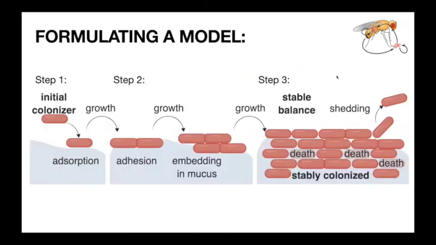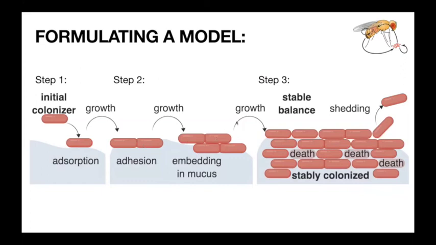And so formulating just a model of this behavior, we can think about the initial colonizers. They come in, and they're basically stochastically bumping into host tissue. But when they do bump in, they have a chance of forming a stable adhesion and embedding in this mucus layer.